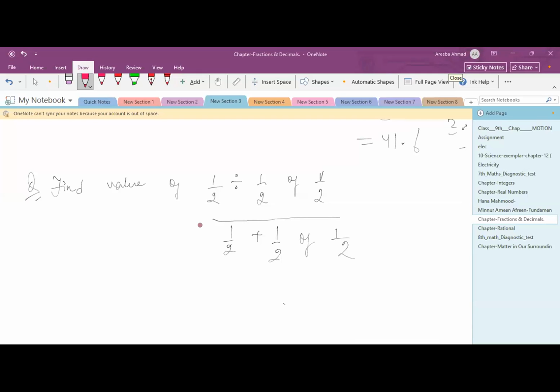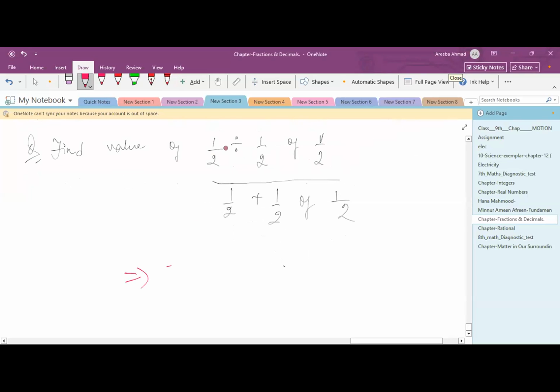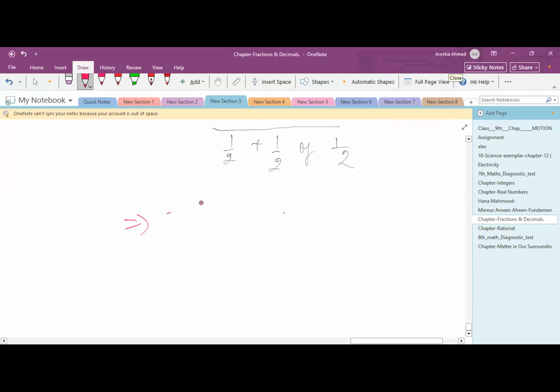Yes. All right. Tell me, what did you get in the numerator? 2 by 2. Okay, let's see. So 1 by 2 divided by 1 by 2 will give me 1. So 1 by 2 divided by 1 by 2, I convert it into the reciprocal, so 2 by 1.